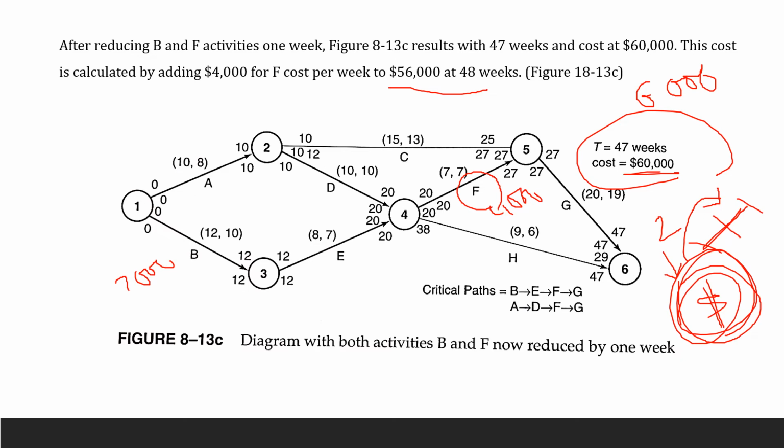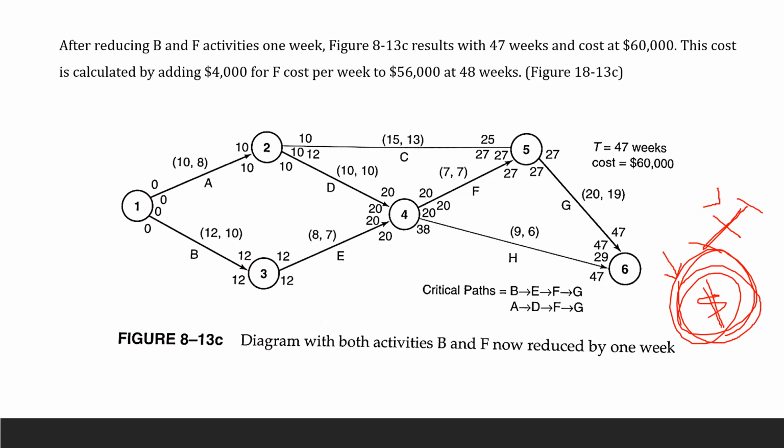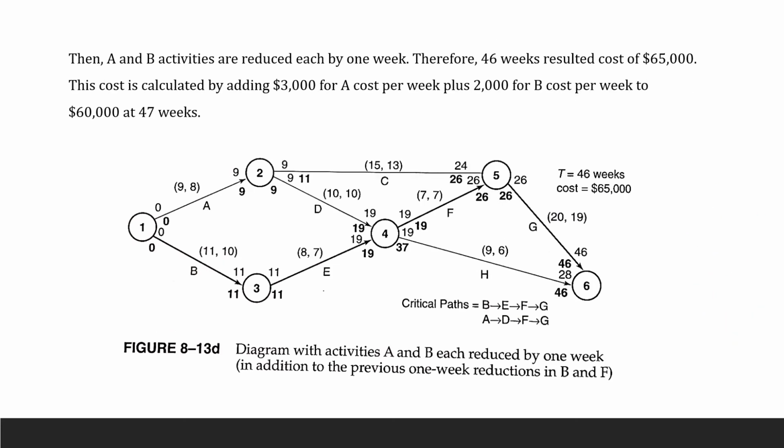All right, now I'm going to erase this for you. Now let's go to the next one. Next one, we're going to do A and B activities. We're going to reduce both of them by 1 week each. So B is now down from 12 to 11. A is now down from 10 to 9, or 9 to 8.